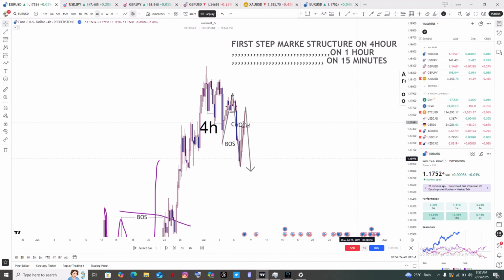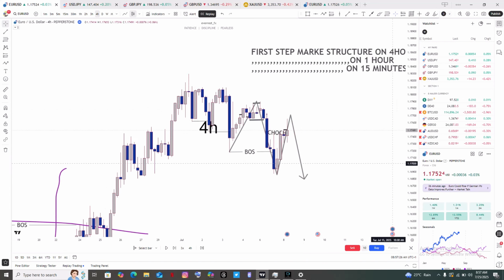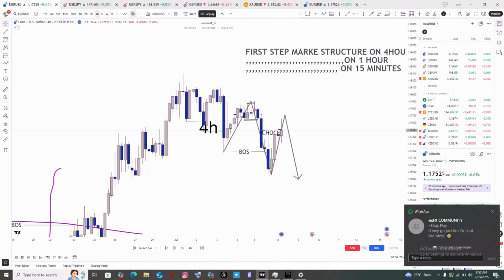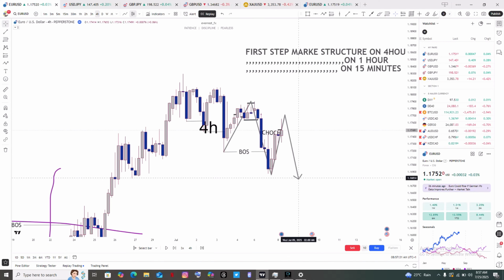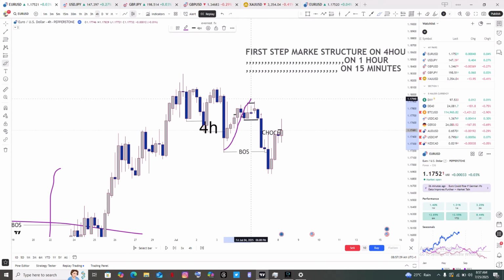So how do we know when this market wants to start retracing? Please pay attention. Since the market is on a downtrend, we're expecting it to be falling downward. So when do we know when this swing wants to start falling?